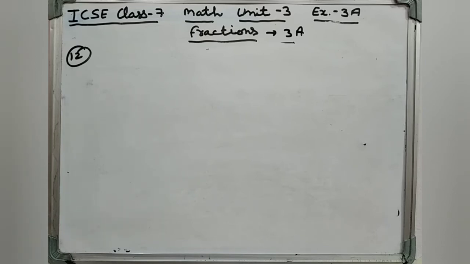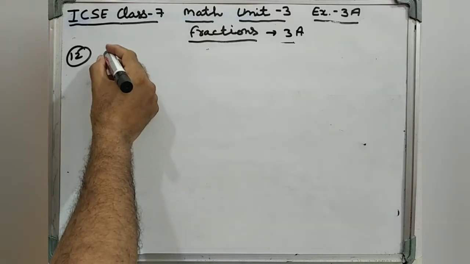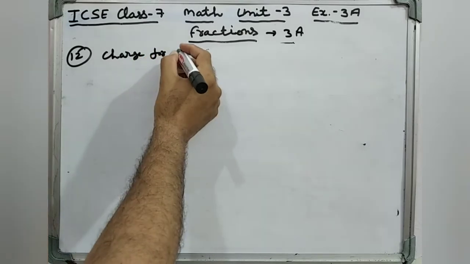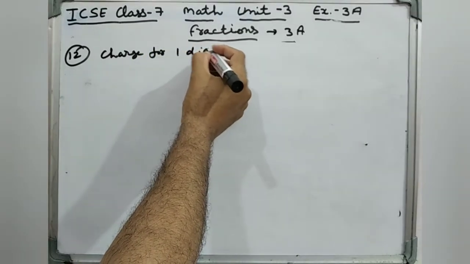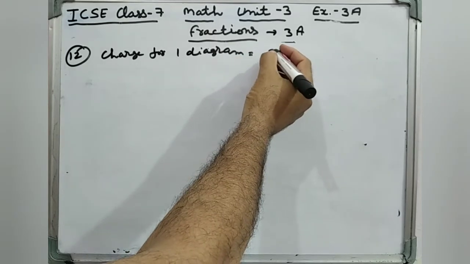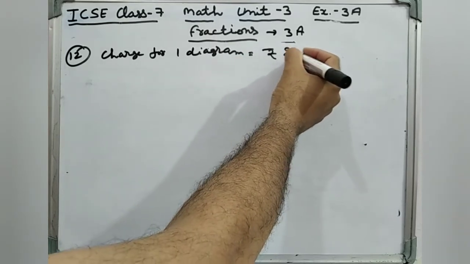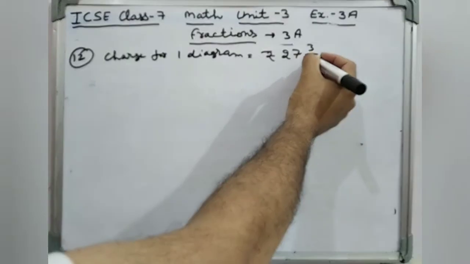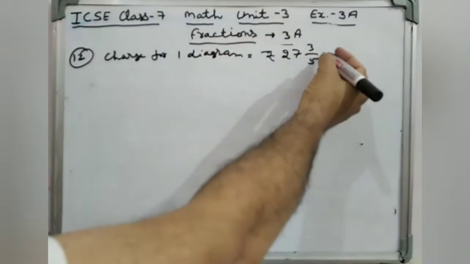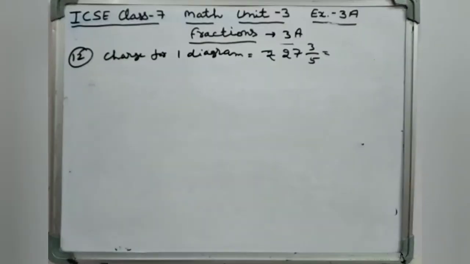Find the amount he will charge if he designs 186 diagrams for a book, right? Now charge for one diagram, how much? Rupees 27 3 upon 5. Only one diagram he charges here, 27 3 upon 5.